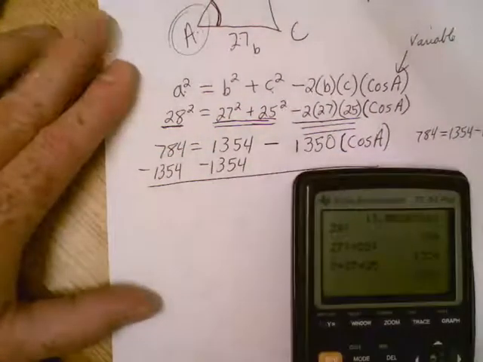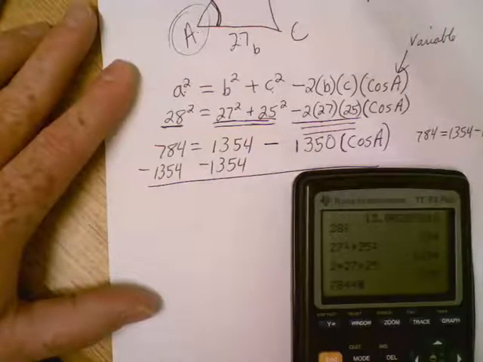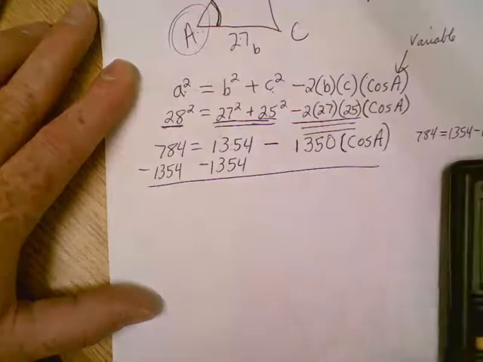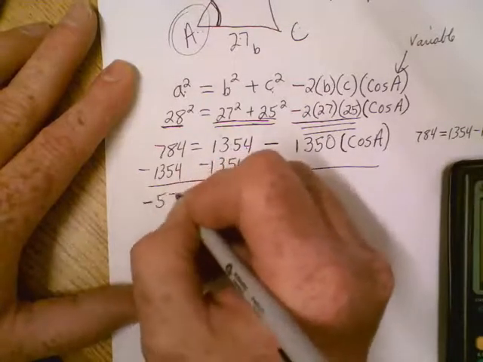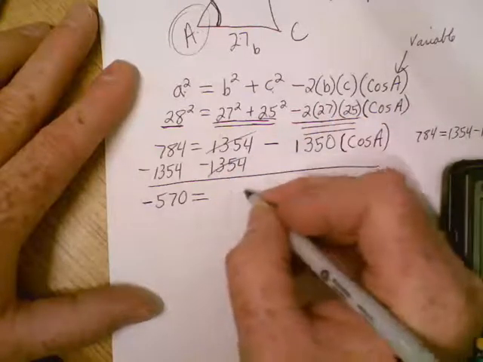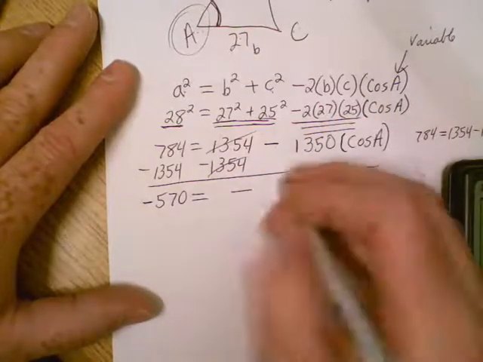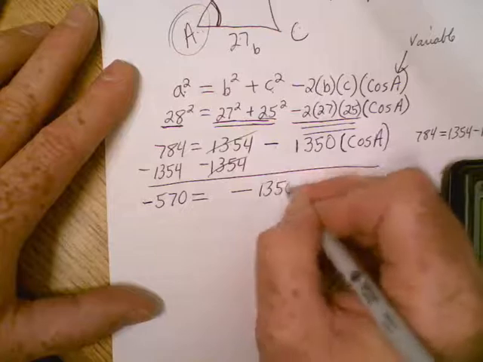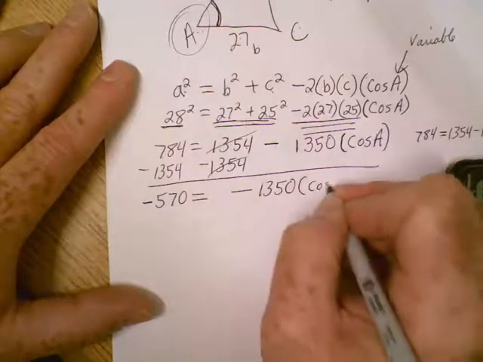Grab your calculator. You got 784 minus 1354, and I get negative 570. Don't forget that negative. It'll mess you up if you do. These cancel out, and you still got minus or negative 1350 times the cosine of A.